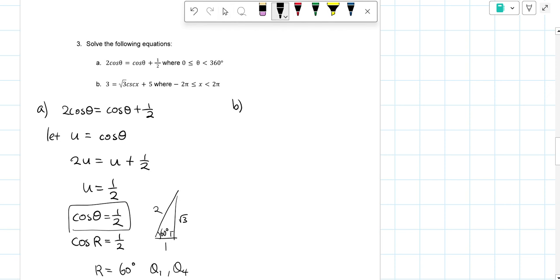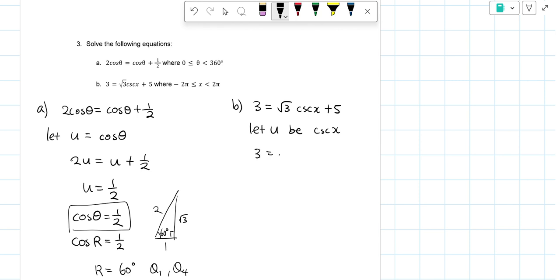Part B. This question involves some kind of cosecant x, which no one likes. So I can see in the near future, I'm going to replace that with another ratio. Let's give it a try first. I'm going to replace cosecant x with u.